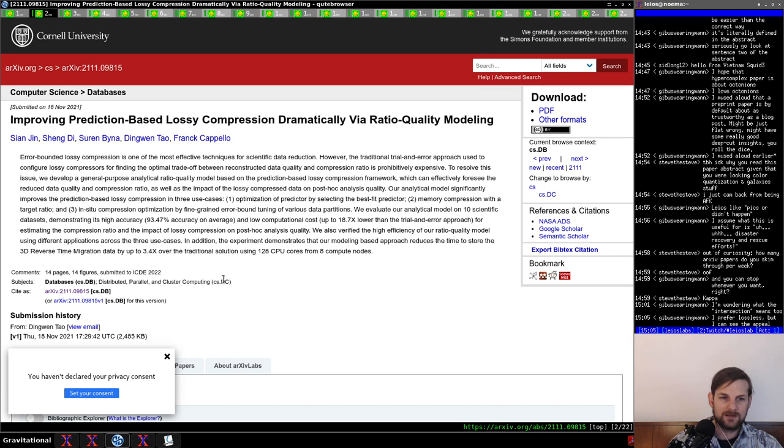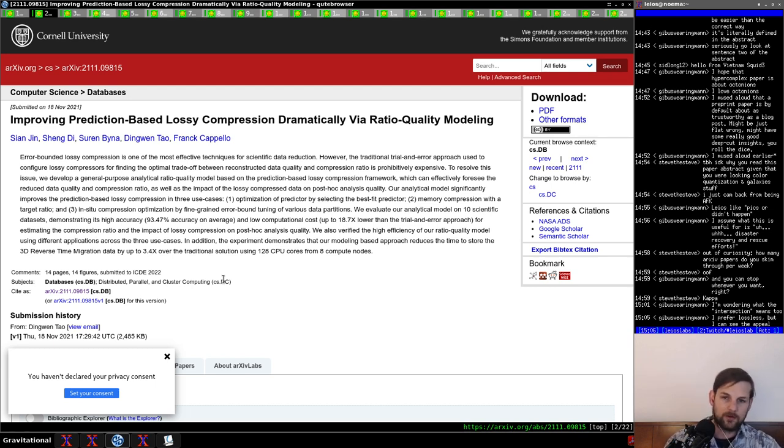Our analytical model significantly improves the prediction-based lossy compression in 3 use cases: the optimization of predictor by selecting the best fit predictor, memory compression with a target ratio, and in situ compression optimization by fine-grained error-bound tuning of various data partitions.